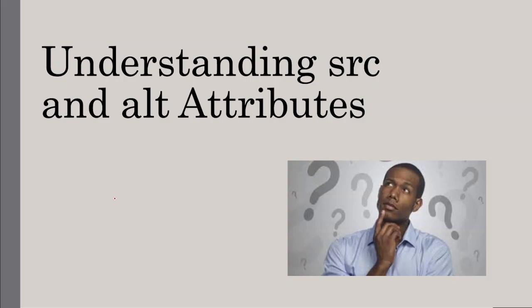Basically, SRC is known as source. SRC means source, that is, from where the image is coming, like the source of the image. For example, if we take an image from google.com, its source will be google.com.